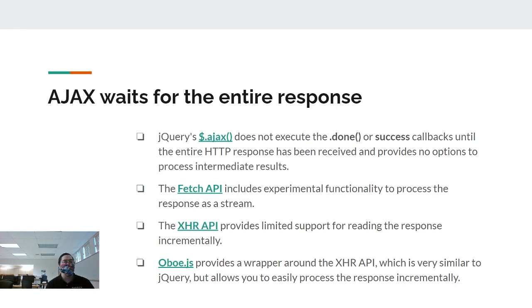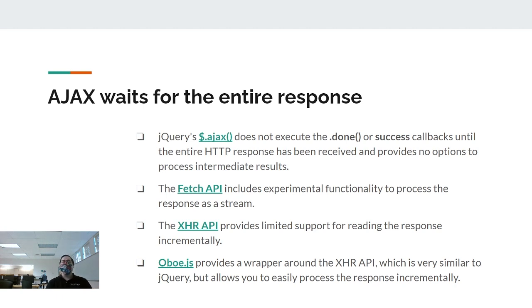Another way to do these AJAX requests, you can go directly to the XHR API and use it. Remember, the XHR API is what underlies that AJAX method in jQuery. If you delve into the API, people have figured out ways to actually read the response incrementally.